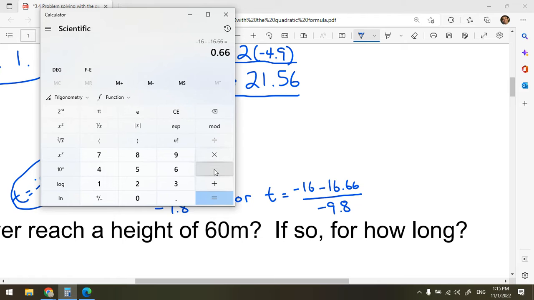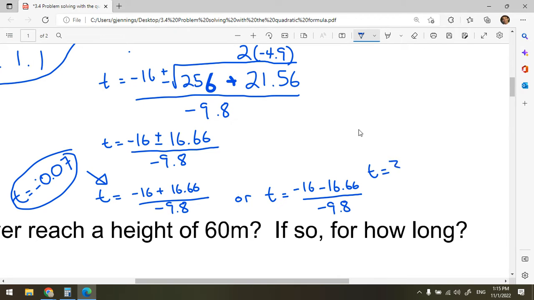Let me do that again, clear. 16, but it's negative, subtract 16.66, and that's just fine, equals this, divided by 9.8, but it's also negative, equals 3.33. So this is t equals 3.33. That's our other value. It came from evaluating that on a calculator.